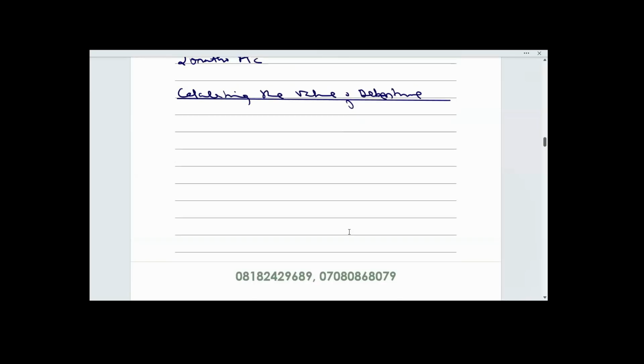I actually keep this till when we get to work, but since the examiner has asked you, let me just show you. The market value of debt represents the present value of the future cash flows discounted at the yield or cost of debt. When you talk about present value, it is the same thing as market value. So the future cash flow that the company will pay is the fixed interest if it is irredeemable debt.